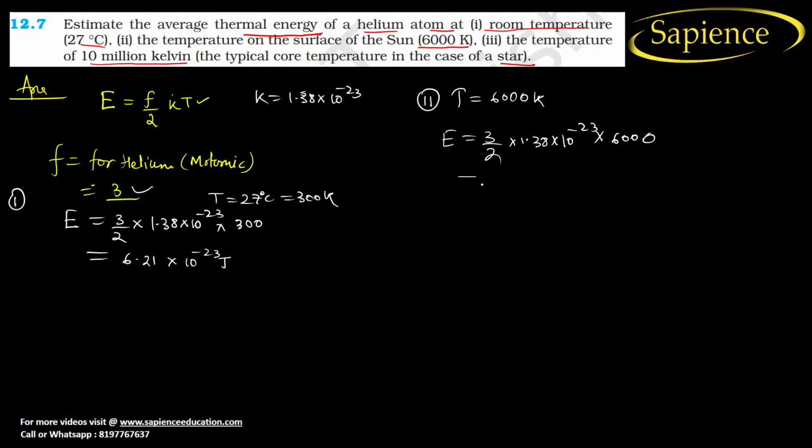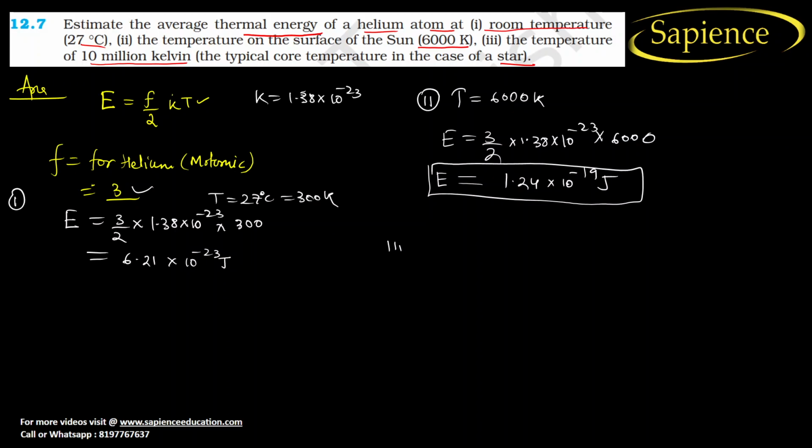In place of the temperature 300 Kelvin, we put 6000. The result will be approximately 20 times the previous one, approximately 1.24 into 10 to the power minus 19 joule. I hope you have understood this, right?